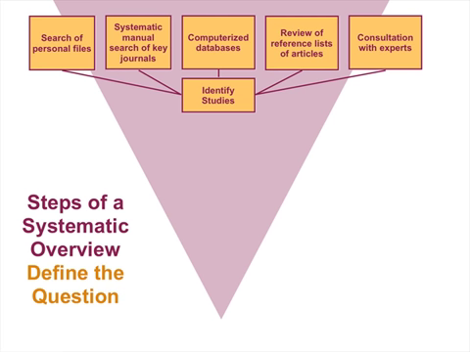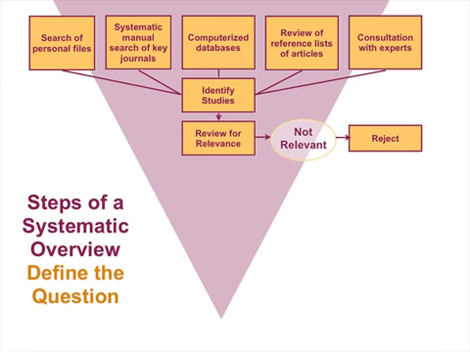So a very broad, deep, wide search is done for published and unpublished studies about the particular topic, the question that you've chosen. Then there's a process of going through all of these possible hits to make sure that they're actually relevant to this question.